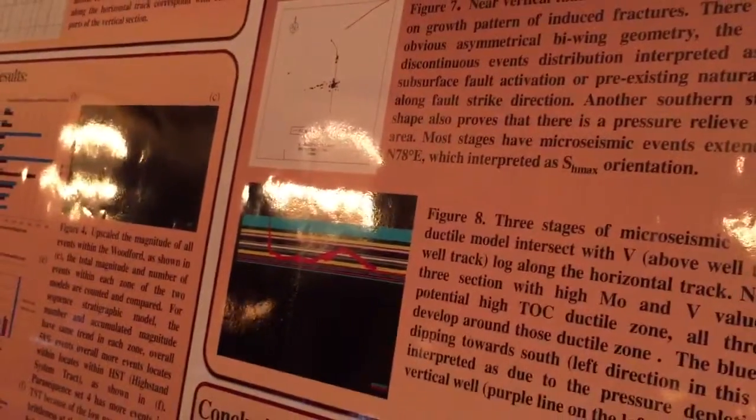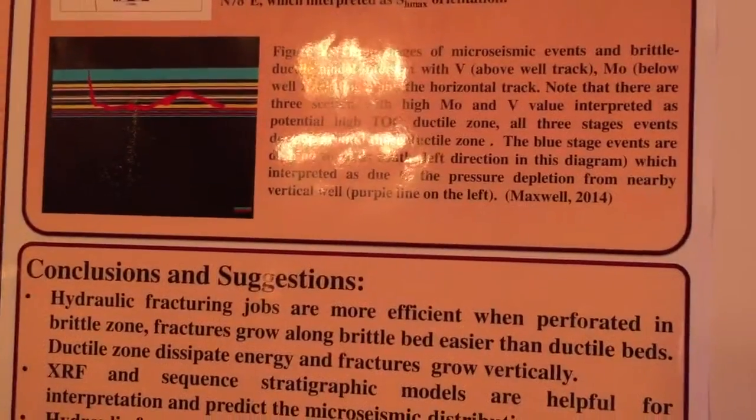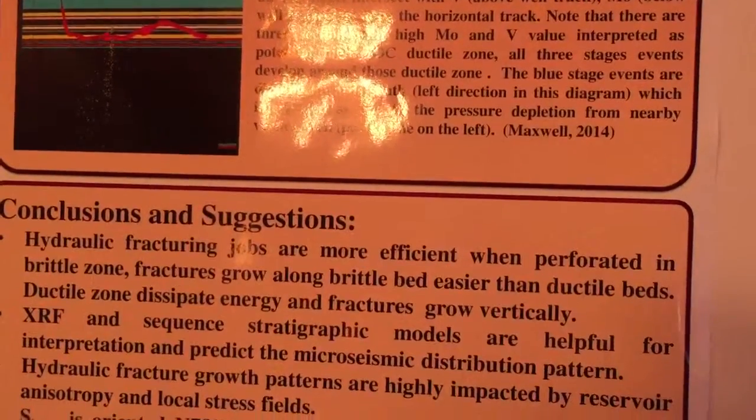So when we go back to the part where geology can assist the petroleum engineer, we come up with 3 schematic diagrams that show how the microseismic events are distributed.